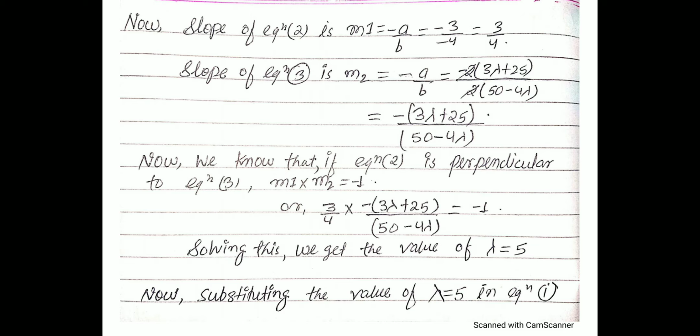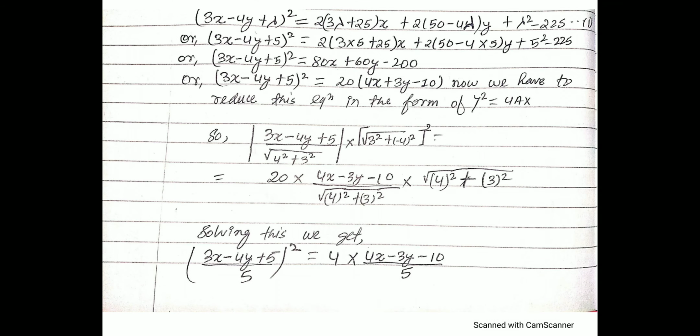Now substituting the value of lambda 5 in equation 1, we get (3x minus 4y plus lambda) whole square is equal to 2 times (3 lambda plus 25) multiplied by x plus 2 times (50 minus 4 lambda) multiplied by y plus lambda square minus 25.